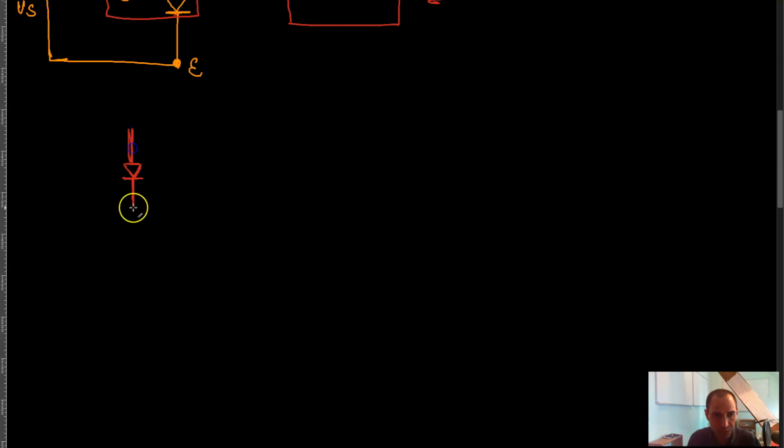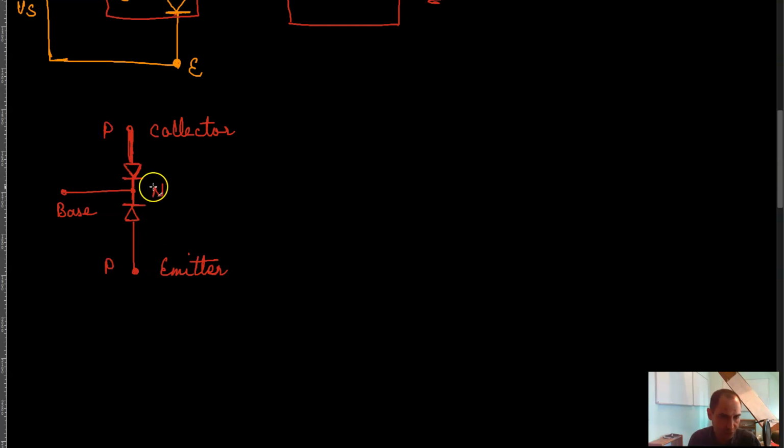Then this becomes your base, this becomes your collector, and this becomes your emitter. So this is P, N, and P, because cathode is N material, of course, and anode is P material, so this becomes PNP.